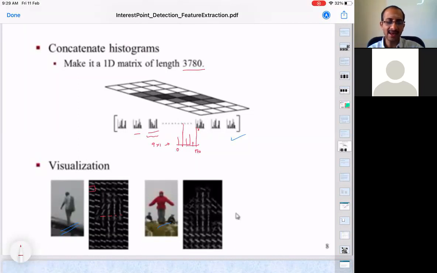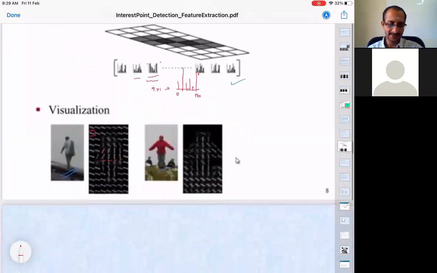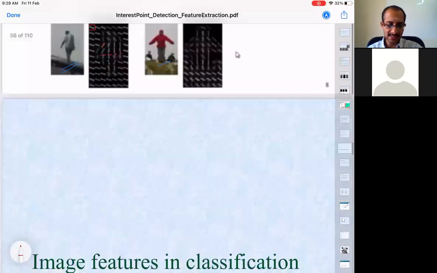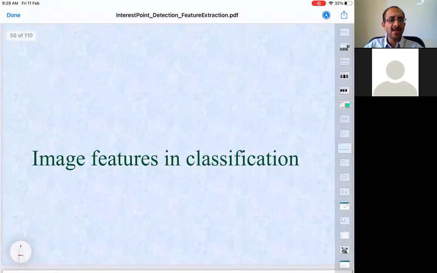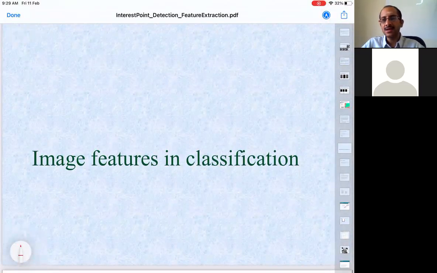If the highest value is at 90 degrees, then the dominant direction is 90 degrees, like that. That direction is what they will sketch here. The sketching visualizes the shape of the object, and using this as a feature vector will help us classify the objects. Hope this is clear. Any questions on this? If there are no questions, let's proceed further.